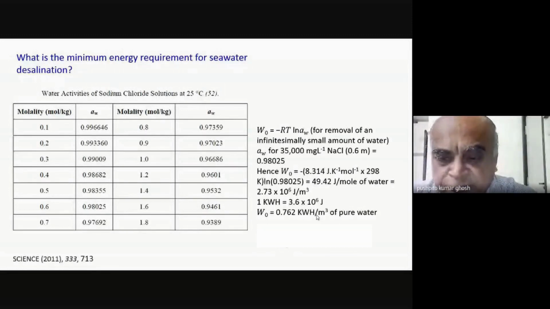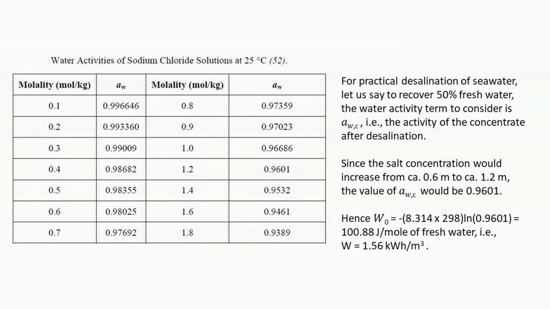Real situation is different. If we consider a case where we recover 50% fresh water from seawater, the activity value that we will then have to consider is AWC, that is of the concentrated seawater that is left behind.